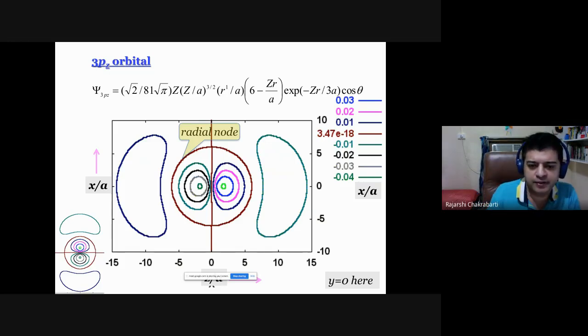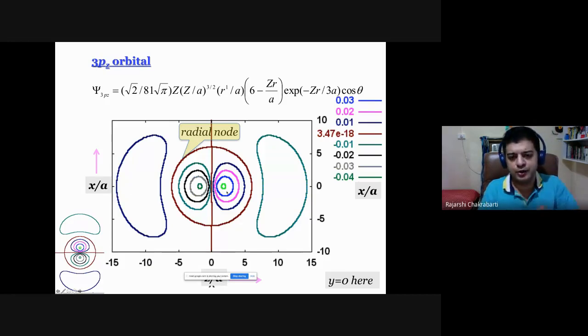So now let us start from here. From here, if I go in one direction, my wave function is positive, positive, positive. But at a distance when r is equal to 6a0, you can go in any direction, to your left, to your right. This is a projection on the xz plane.